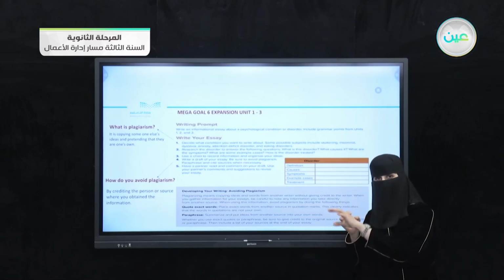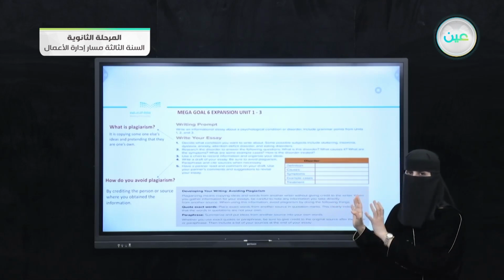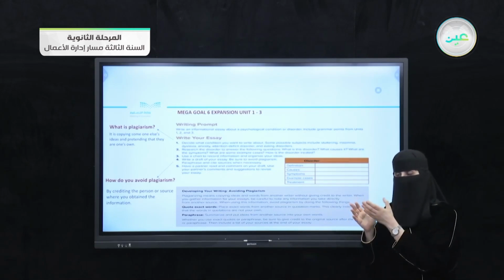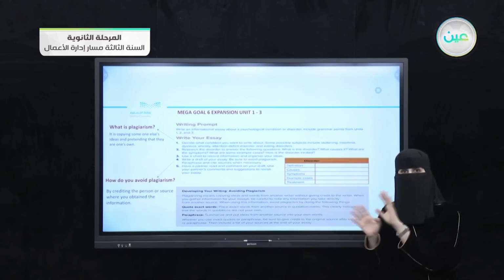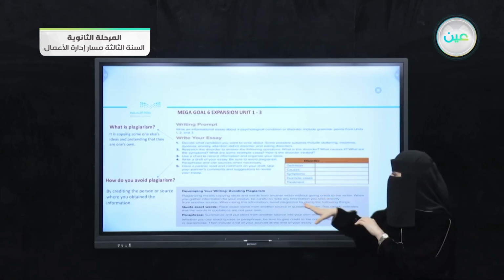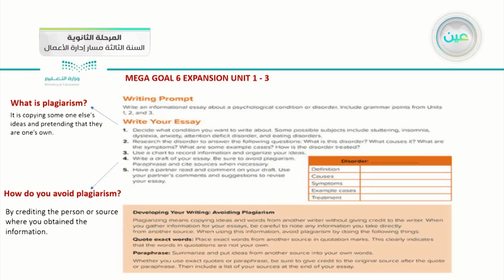This is the writer's words, which means that I credit the writer who already wrote it. After that, they give it as a quote: exact words. What I mentioned already, place exact words from other sources in quotation marks.